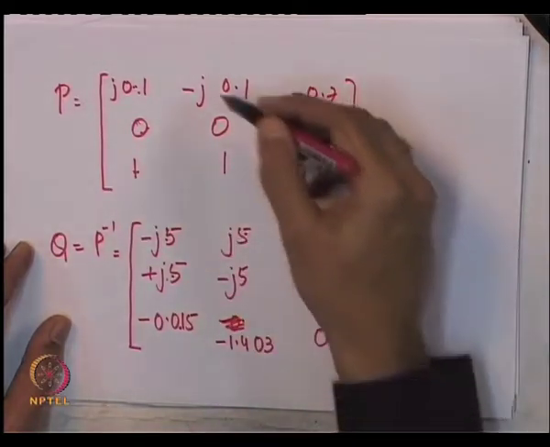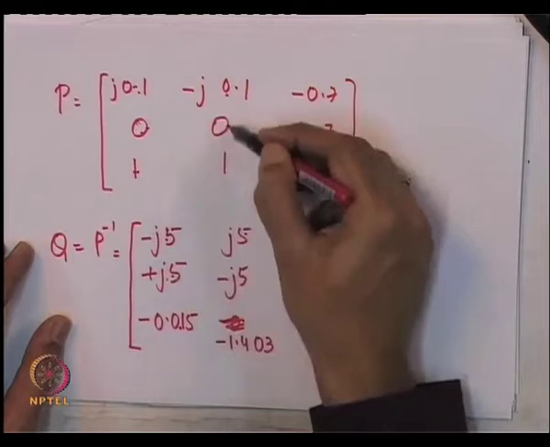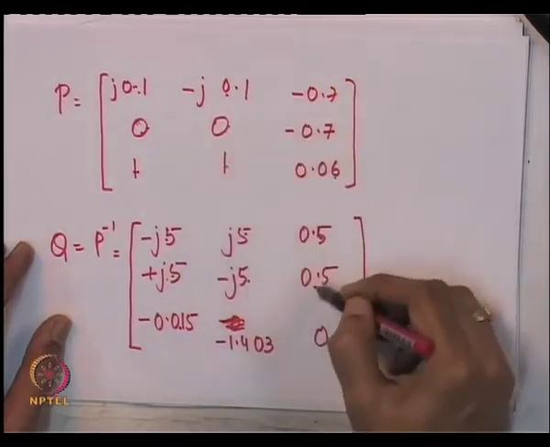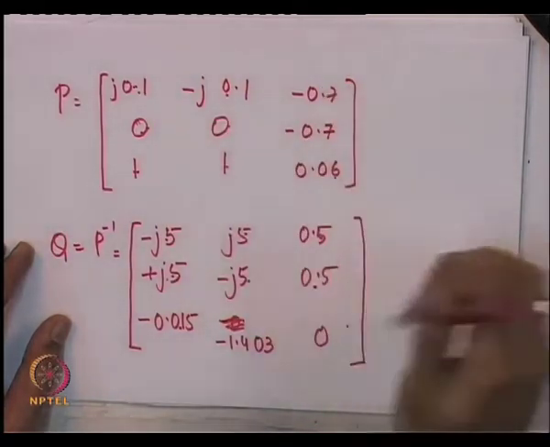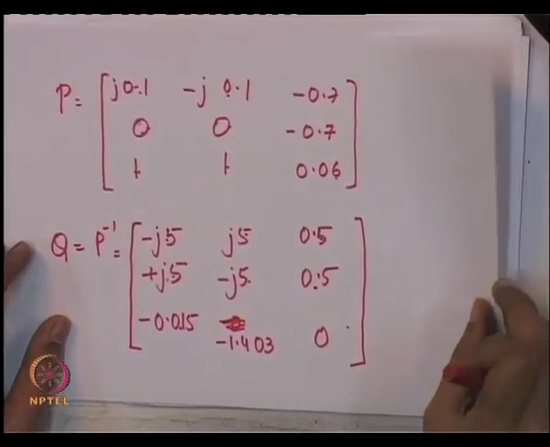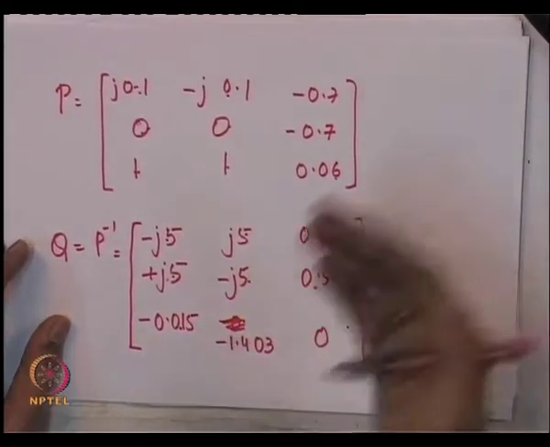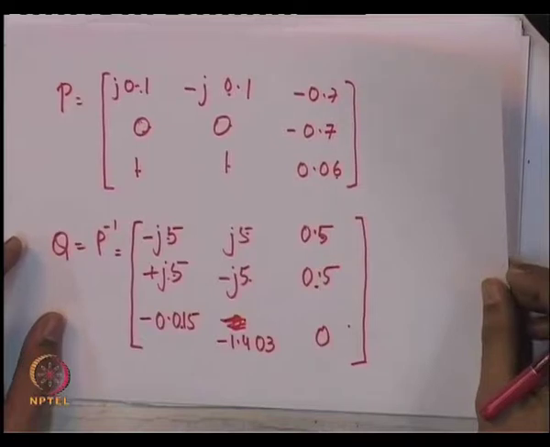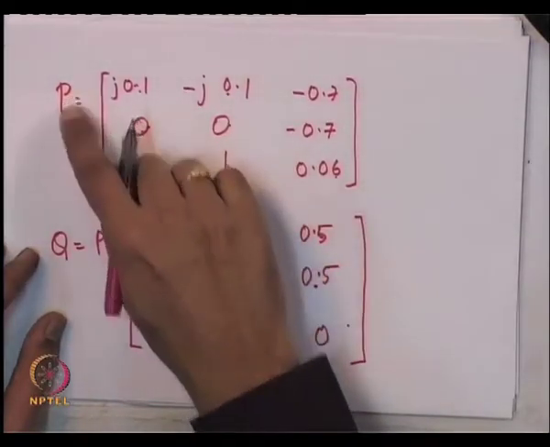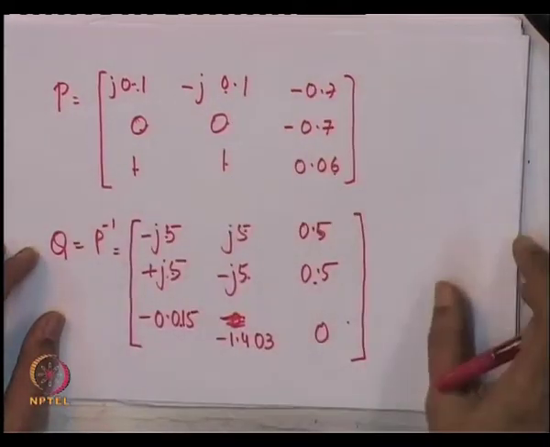Then we will multiply this by this, and so on. So, what we are doing effectively is an element by element multiplication of P and P inverse transpose.